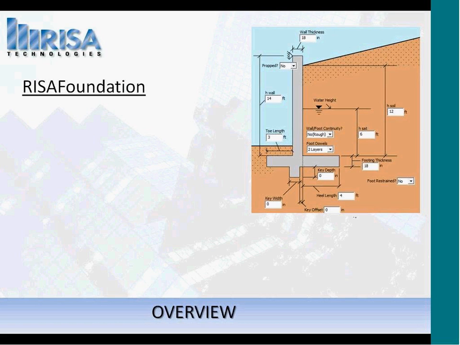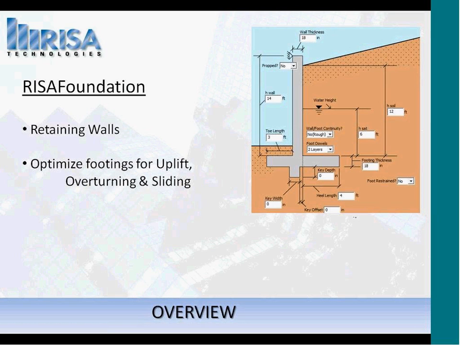Foundation: some of the big features that got added into RISAFoundation, you can see on the right side here, is retaining walls. We've got a picture here, and we're going to go into a lot more detail once we get into RISAFoundation. You can see we've got a wall propped up with some structures behind it, and we'll go into some examples and draw in some retaining walls and see some results there.